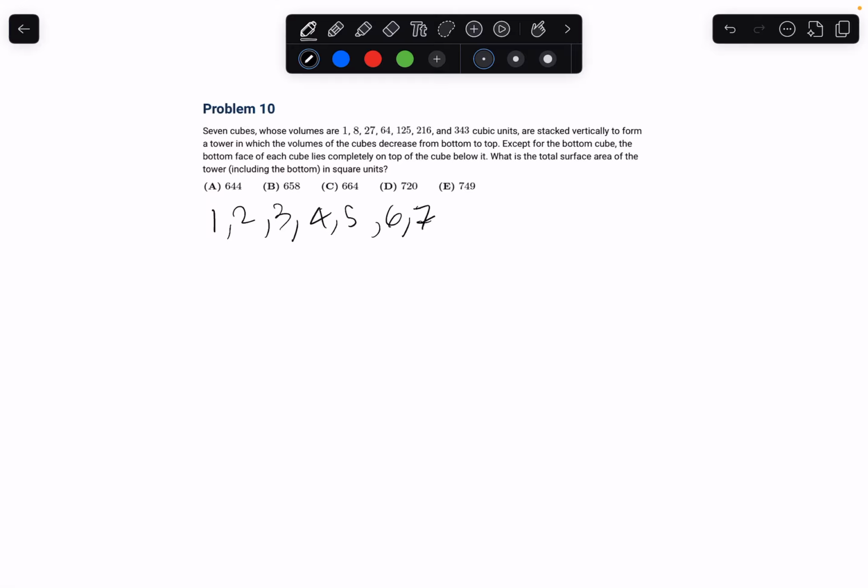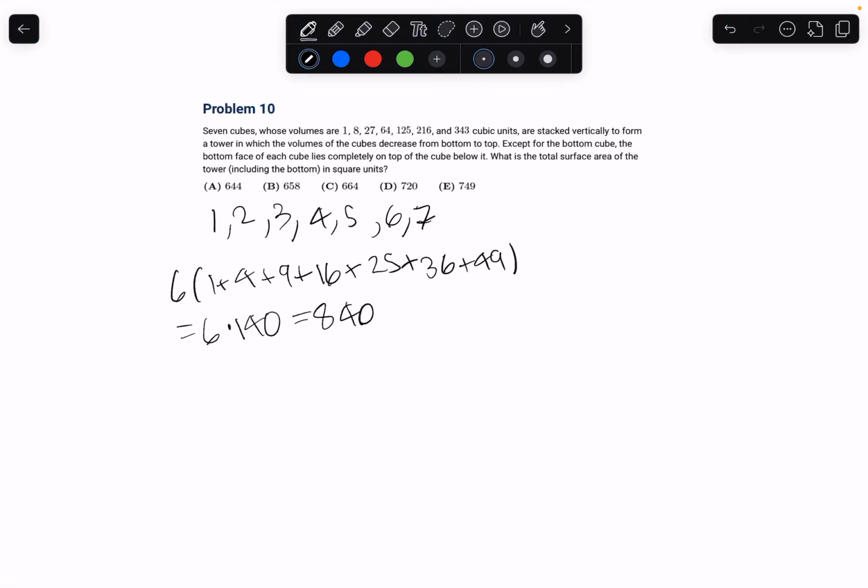We're multiplying by 6 for each cube. So we have 6 times 1 plus 4 plus 9 plus 16 plus 25 plus 36 plus 49. And this turns out to be 6 times 140 or 840.